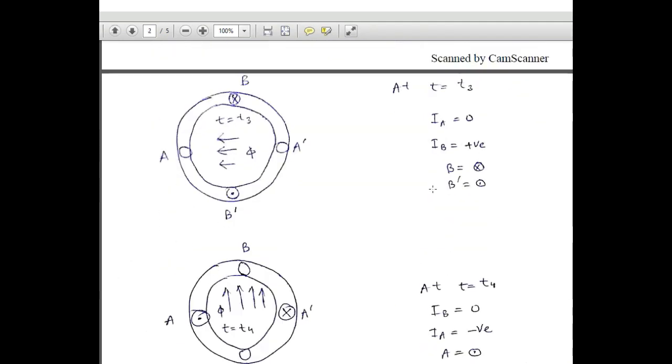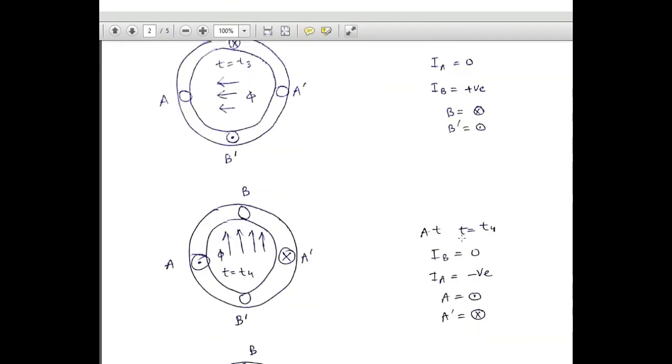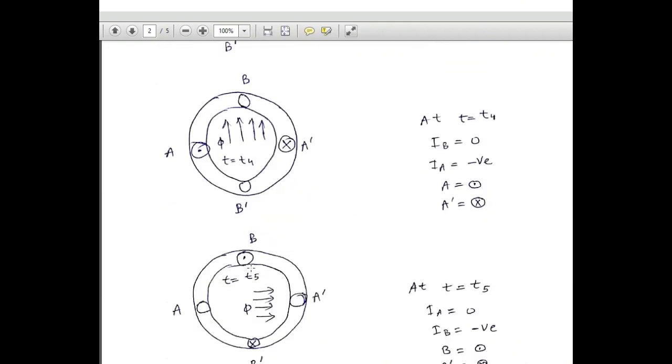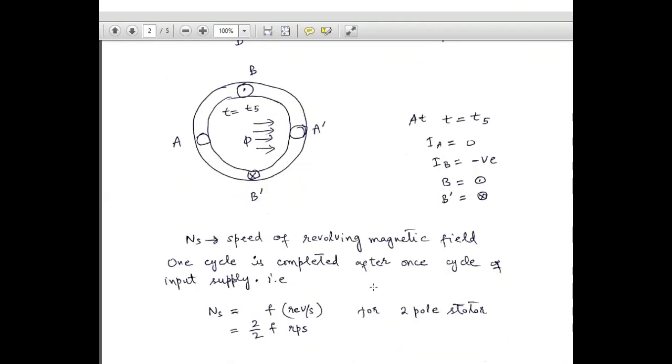In that case, the direction of the magnetic field is from right to left, and similarly at t equal to t4, IB is equal to 0 and IA is negative, so the direction of the magnetic field will be from bottom to top. So we can see that at every instant the magnetic field is revolving, and again at t equal to t5, we see the same orientation as at t equal to t1.